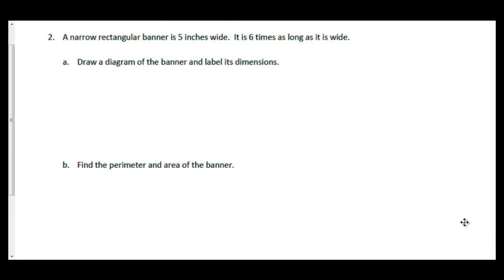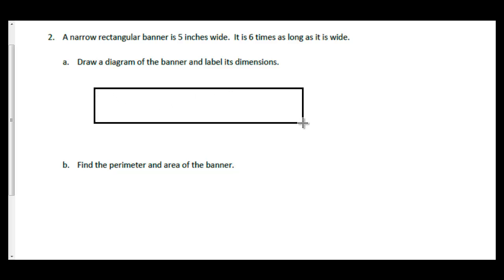Okay, so we have a narrow rectangular banner that is 5 inches wide. It is 6 times as long as it is wide. So I'm going to start by drawing my rectangle. There's my rectangle. I have the fortunate ability to draw a nice perfect rectangle. Yours probably won't look that perfect. That's perfectly okay.